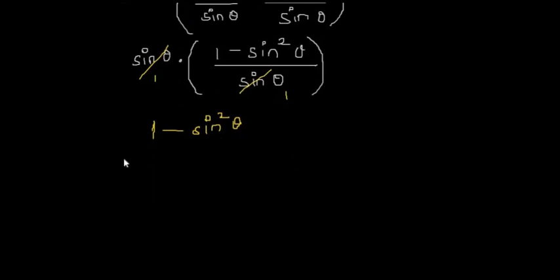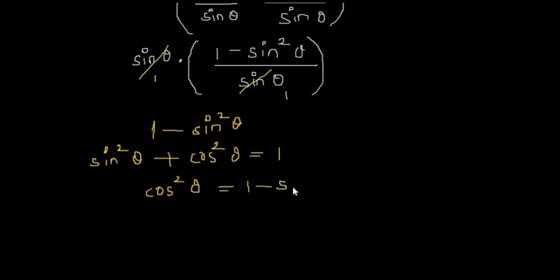So using the first Pythagorean identity, sine square theta plus cos square theta is equal to 1, I can take the sine square theta on that side, so it becomes cos square theta is equal to 1 minus sine square theta. Now the main identity, I have rearranged it and written it this way.